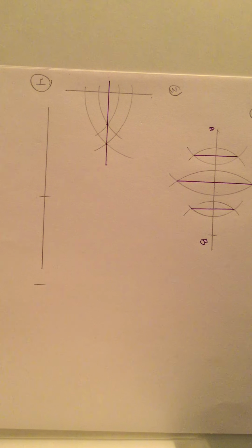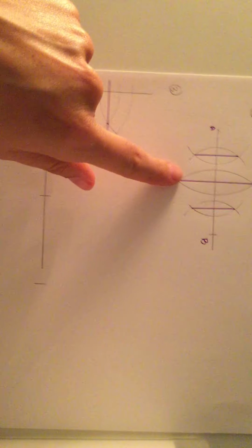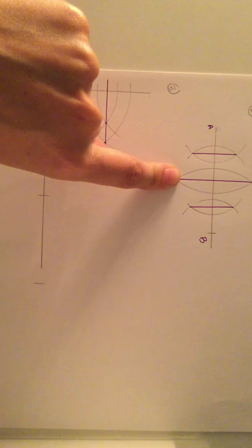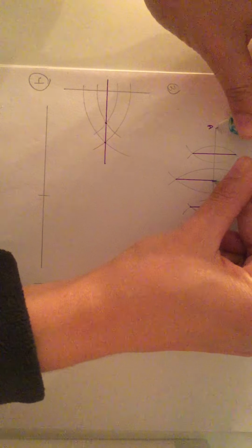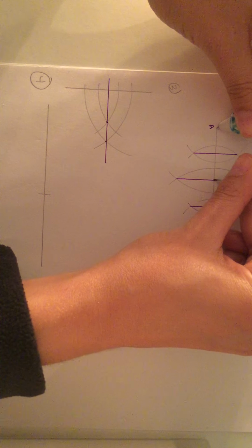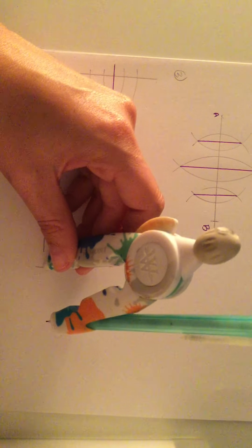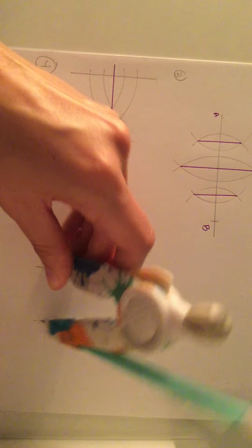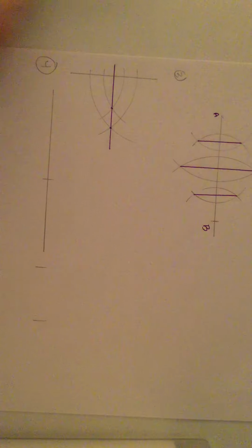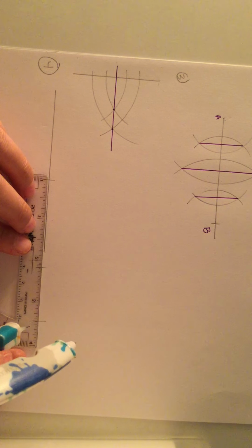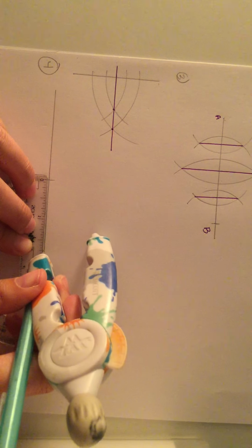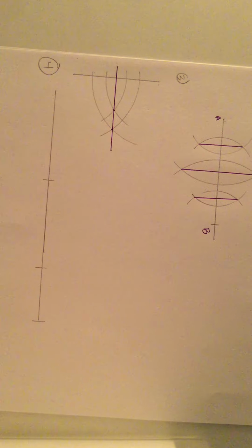Well, if I take a look at number 2, I bisected AB when I created the midpoint here. So from A to its perpendicular bisector, that is half of AB. So I'm going to transfer that onto number 4. I need to extend my line a little bit further, and that will give me RP.